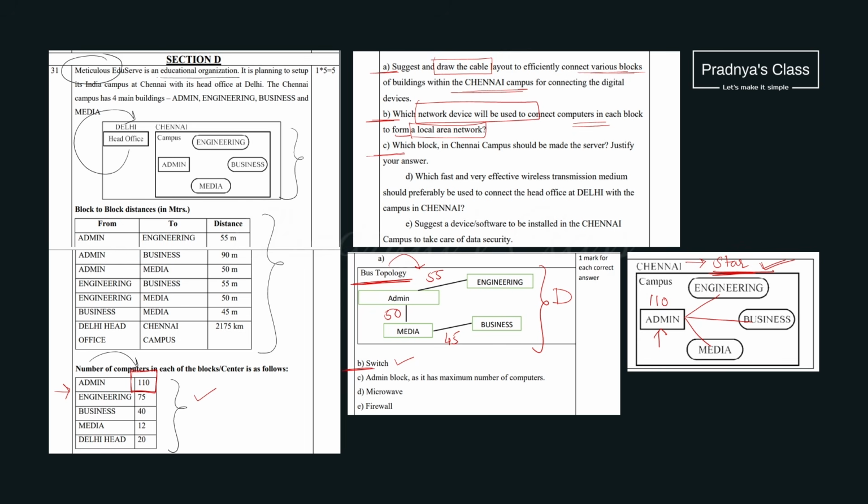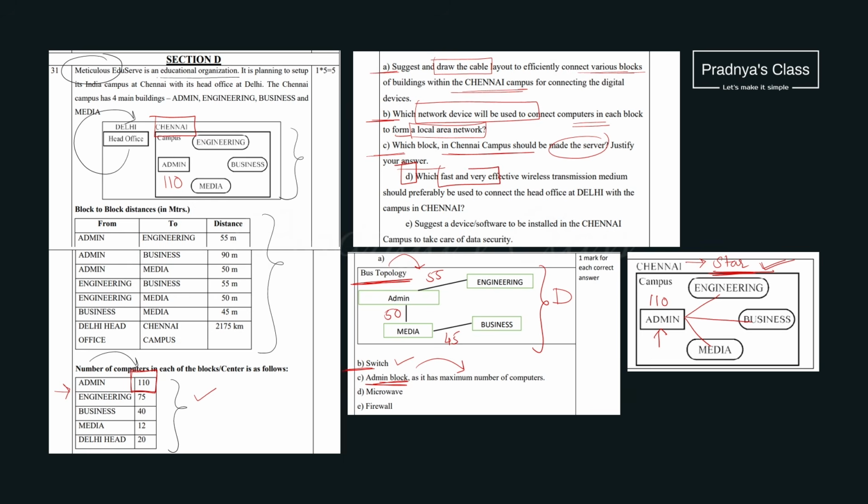Moving ahead to the next question. In which block in the Chennai campus should the server be made? Justify your answer. Look at the Chennai campus. Admin has 110 computers, so it will act as a server. That's why the answer is admin block, and to justify the answer we have written that it has the maximum number of computers. Let's check the next question.